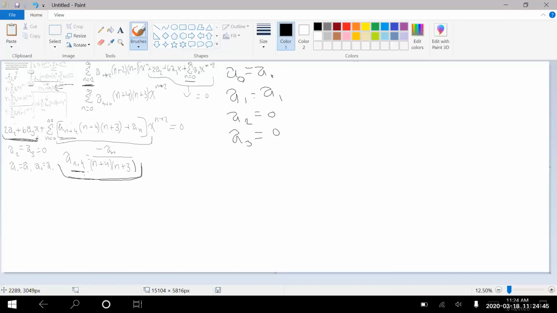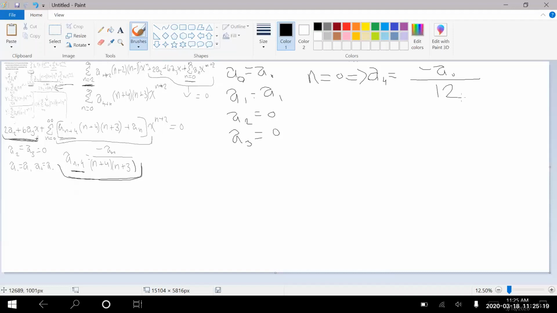For n equals 0, you get a sub 4, and then plugging into this equation, we have negative a sub naught over 0 plus 4, 4, and then 0 plus 3. So we have negative a sub naught over 12.